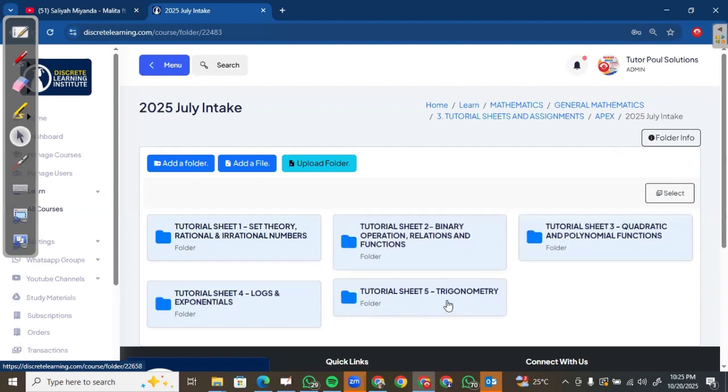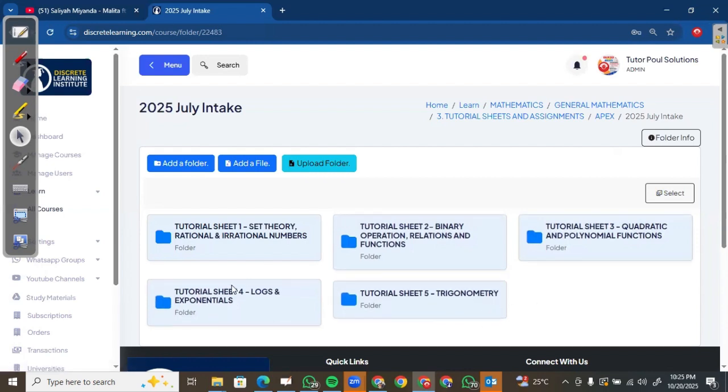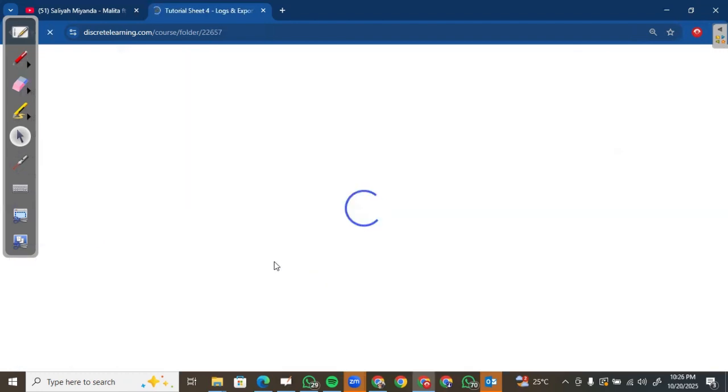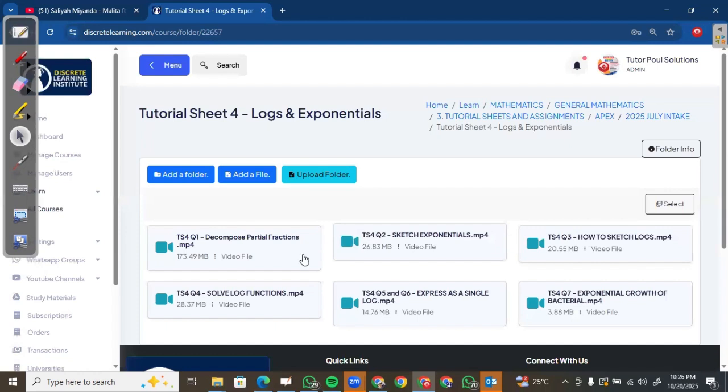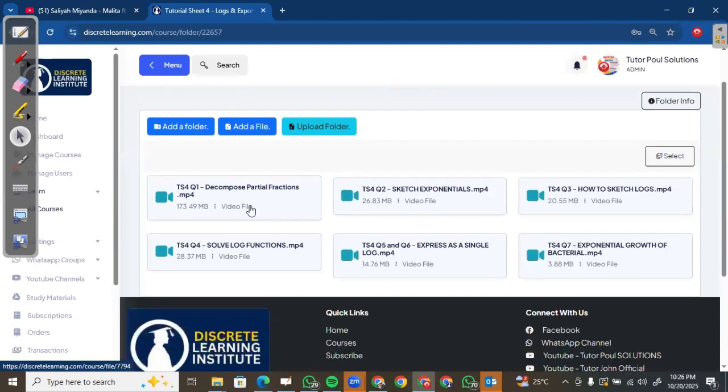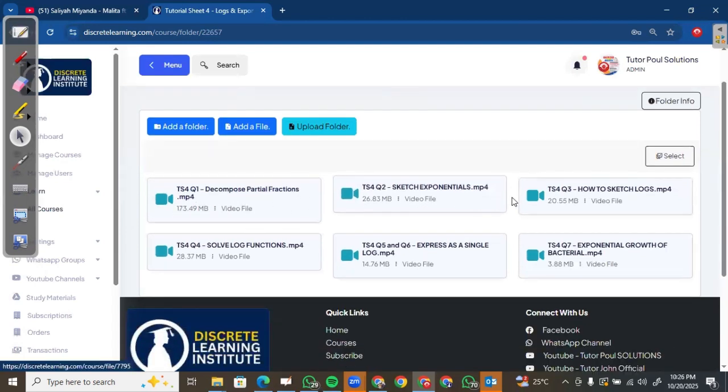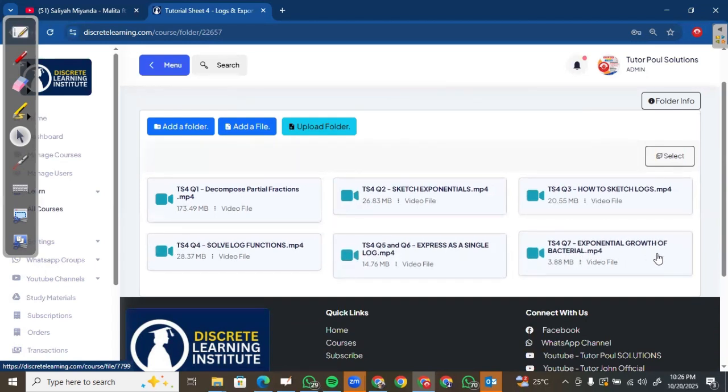We even have tutorial sheet 5 on trigonometry there. So you can actually watch these videos to learn how to do whatever you want. So here you can see there are some questions on decomposing partial fractions, how to sketch them, sketch logs, okay, exponential growth of bacteria, just like that question that we solved. You've seen there was a similar question in the tutorial.